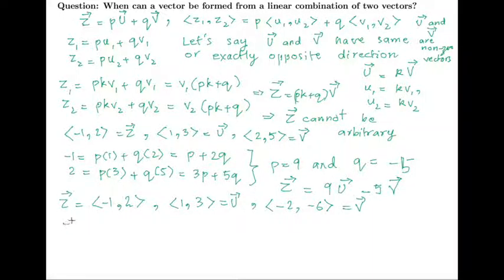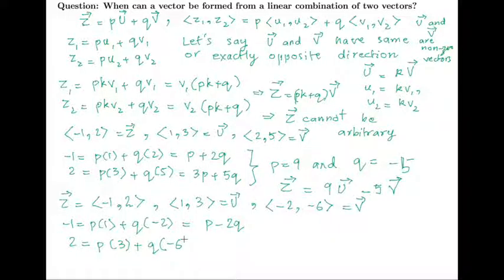Now let's see the equations. Our equations become -1 is equal to p times 1 plus q times -2, which becomes p minus 2q, and 2 is equal to p times 3 plus q times -6, which becomes 3p minus 6q.